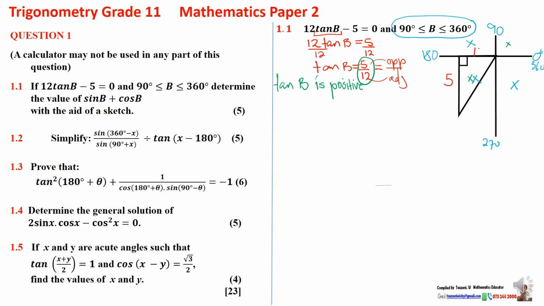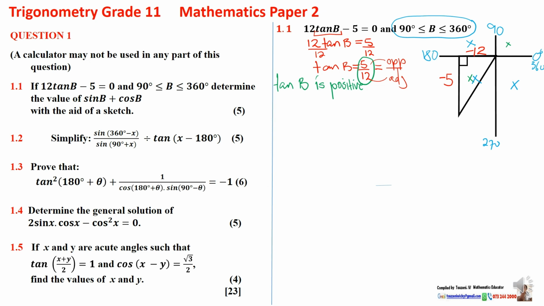Very important here, very critical not to forget: my 5 over 12 are positive numbers. But when I put them in the diagram, the 5 is a negative 5 because the y-axis at the bottom is negative numbers. The 12 is also a negative number because on the left side, the x-axis is negative numbers. So that is minus 5 and minus 12.